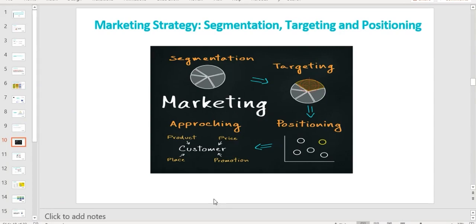So after segmentation, targeting. If you're able to identify groups, you can target those groups. You may actually come to the conclusion that it's not worth my while to look at group A and group B, because there's simply not enough market there or there's no demand there.